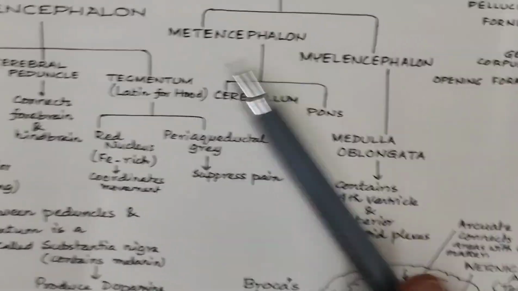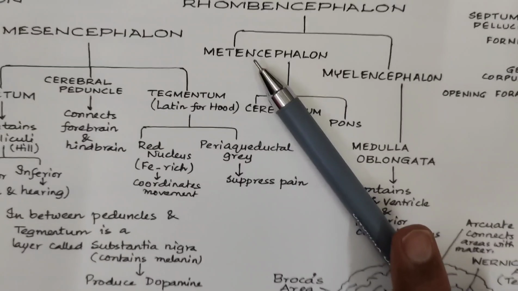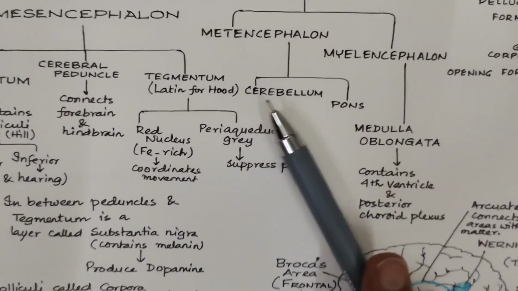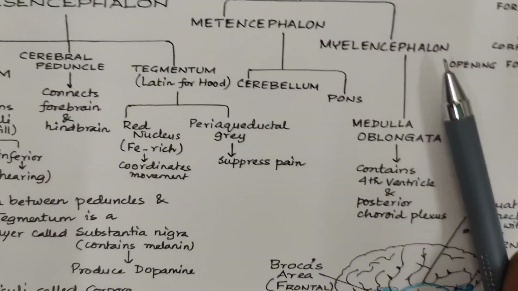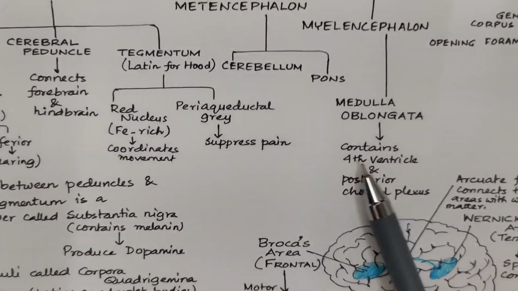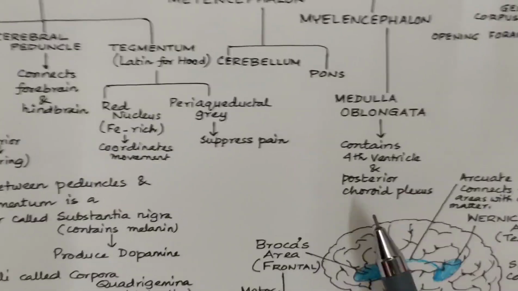Coming to the rhombencephalon or the hindbrain, it contains two parts, metencephalon and myelencephalon. Metencephalon, the cerebellum and the pons, and myelencephalon contains medulla oblongata, which contains fourth ventricle and posterior choroid plexus.